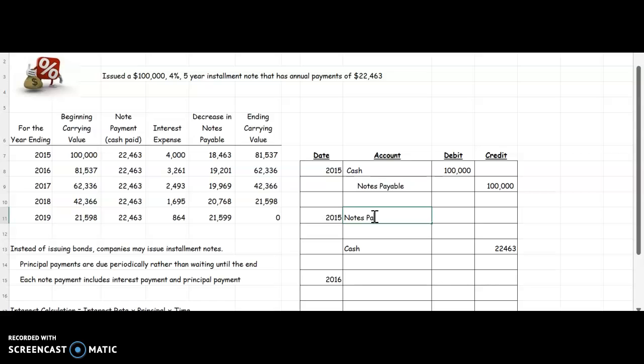So we need to debit it because we're paying it down for $18,463. And interest expense needs to go up. So I need to debit it. And the interest expense is $4,000. So that will be my payment for 2015.